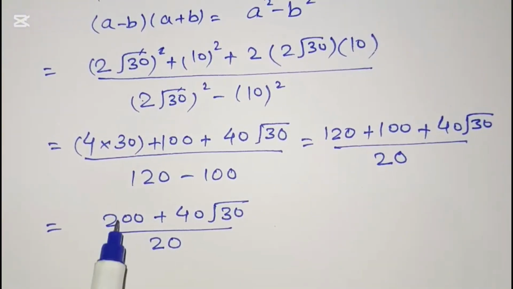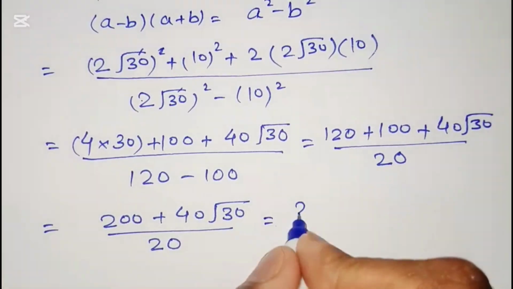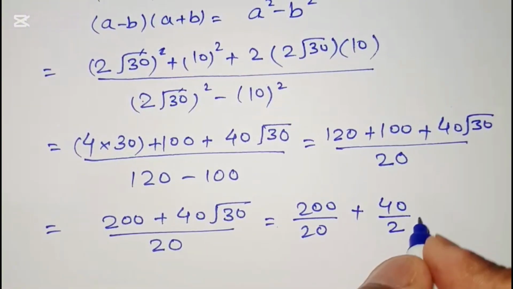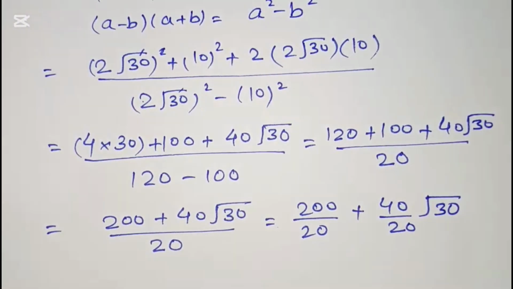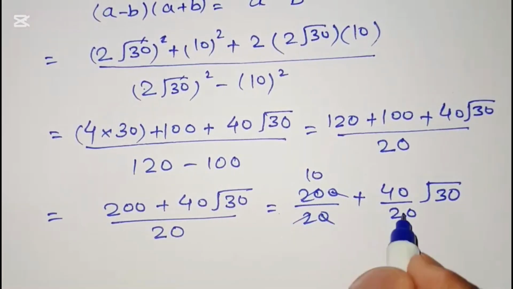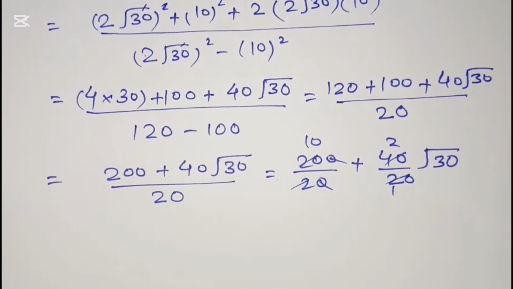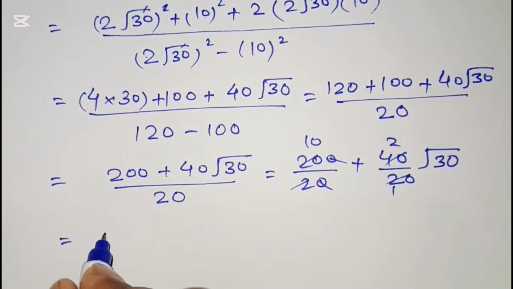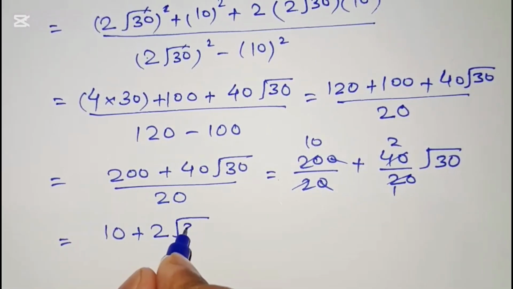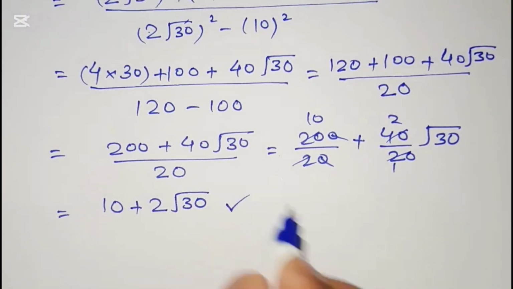Now we will divide by 20 on both terms: 220 over 20 plus 40 over 20 square root of 30. It is 11 plus 2 square root of 30, and this is the final answer for method 1.